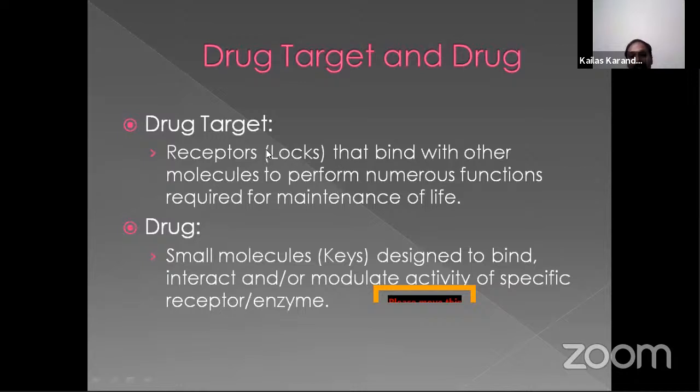This receptor usually binds with other molecules to perform numerous functions required for the maintenance of life. When the performance of this receptor is not going well, then the quality of life maintenance is not up to the mark, and you may suffer the disease, and that is only because of the drug target.